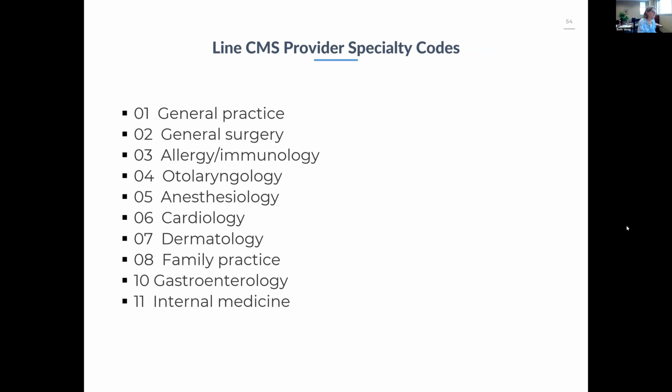These are not the same as board certification. In some cases, people who are board certified in something may keep a specialty code that's more general because it lets them do something. I have a friend who's a colorectal surgeon who keeps their code as general surgery, even though they could use the specialty code.